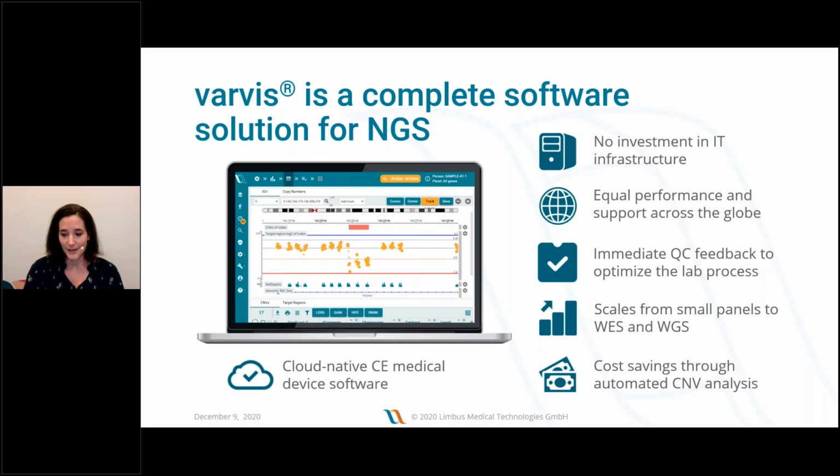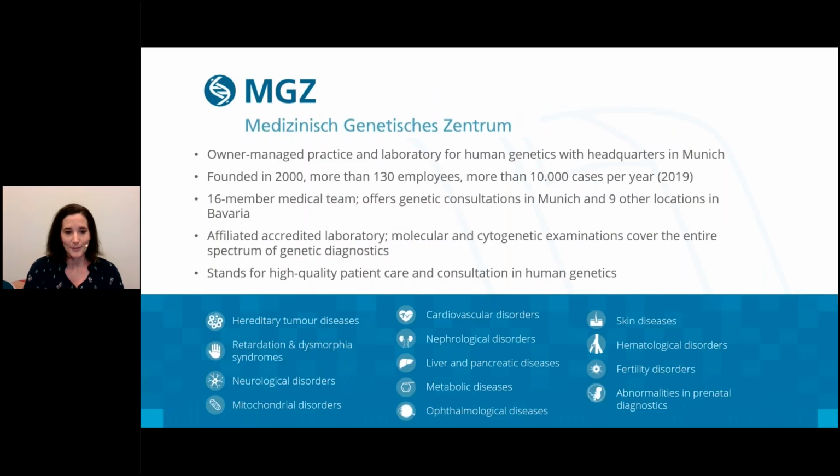Our customers are laboratory service providers and university hospitals across the globe, mostly located in Germany, and one of them is the NGS, the Medical Genetics Center, which is an owner-managed practice and laboratory for human genetics with headquarters in Munich. They were founded in 2000. They have more than 130 employees at the moment, and they provide reports to more than 10,000 cases per year.